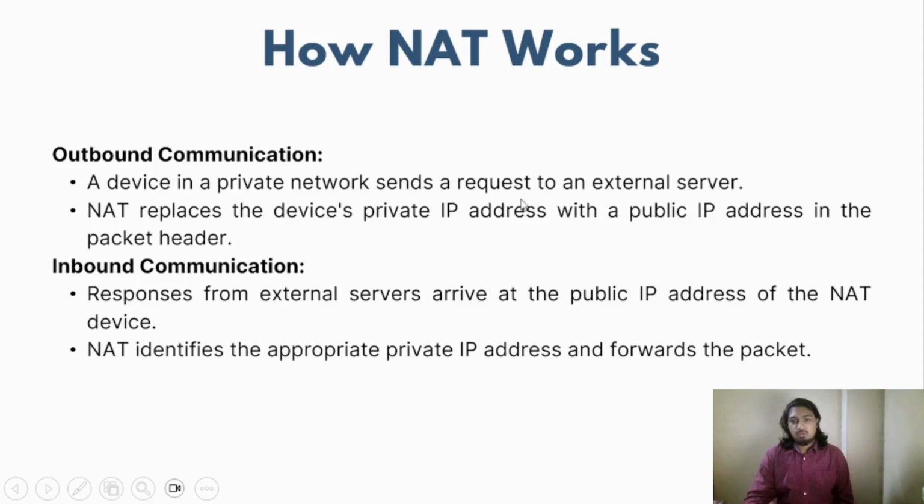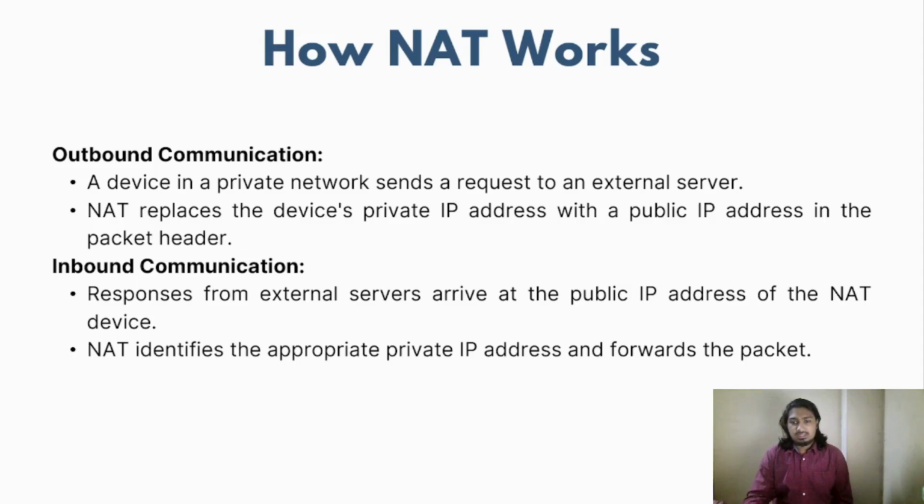Outbound communication. When a device in the private network, such as your smartphone, sends a request to an external server, for example, to access a website, NAT replaces the device's private IP address with the router's public IP address in the packet header. This ensures that the data packet can traverse the public internet.